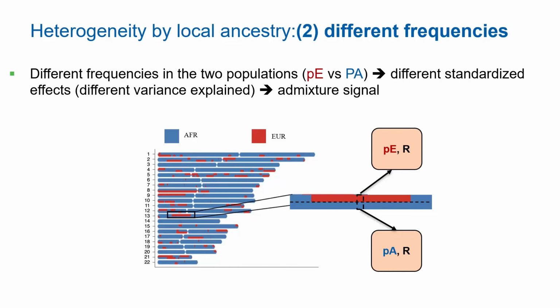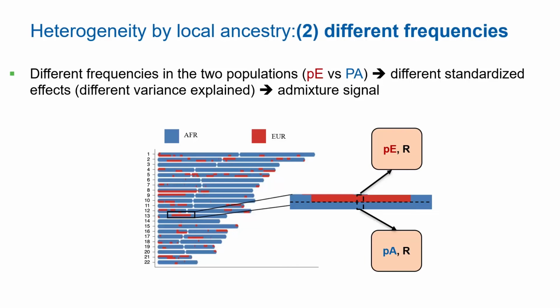The other one is, even when the causal effects are the same, even when biology is all the same in every cell, it could still be the case that these mutations have different frequencies in the 2 populations.